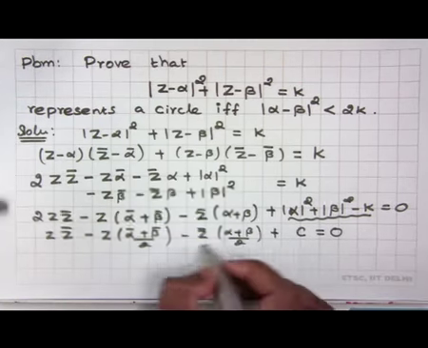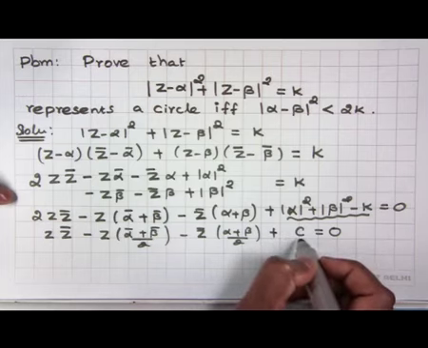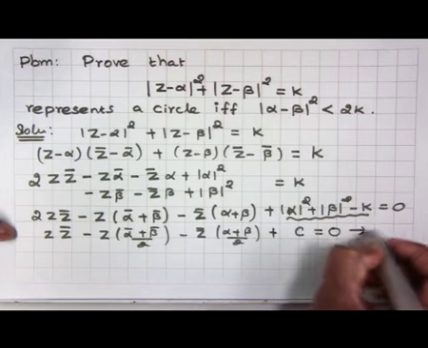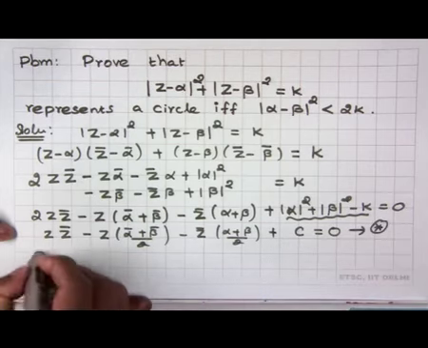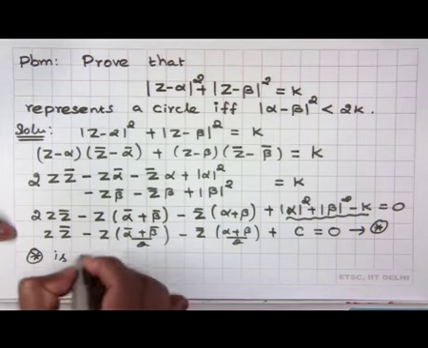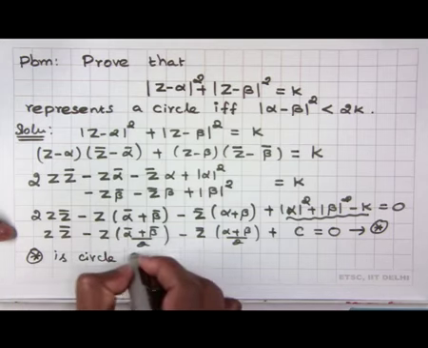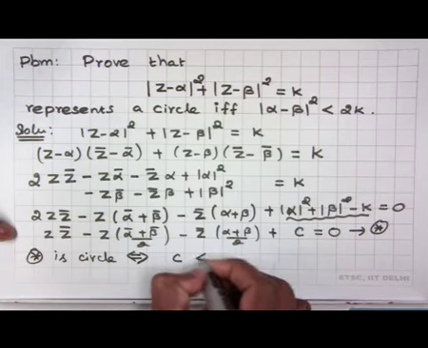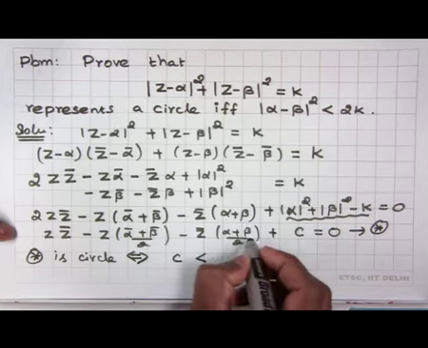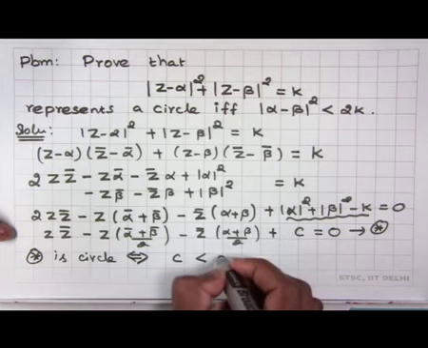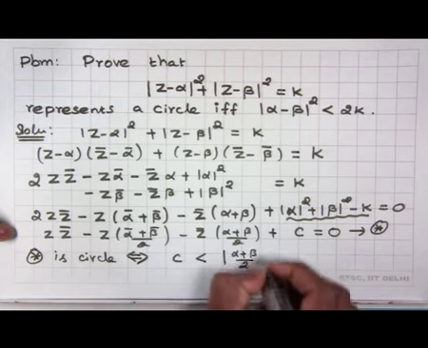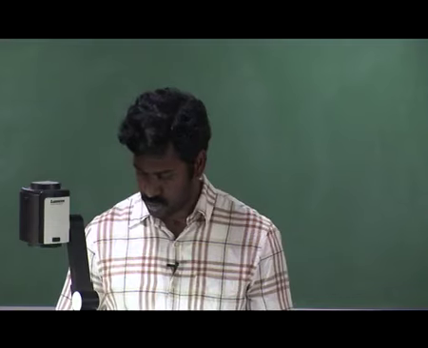Now, this will represent a circle if and only if the constant c is less than the modulus of z₀ squared, where z₀ here is given by (α + β)/2.